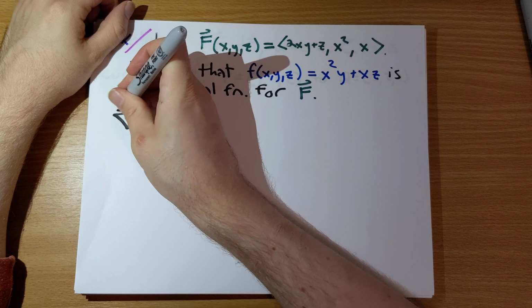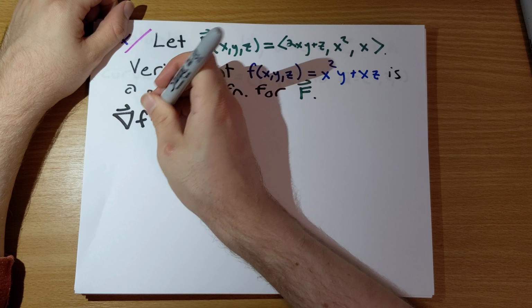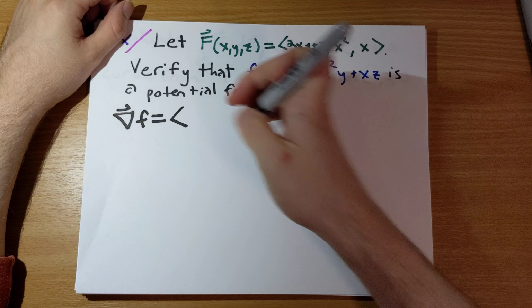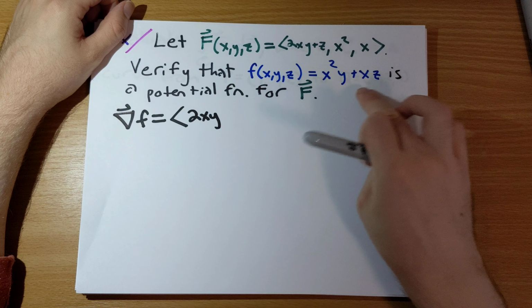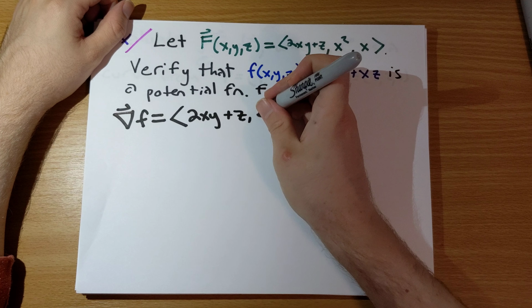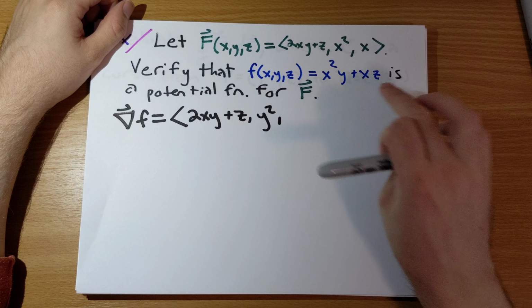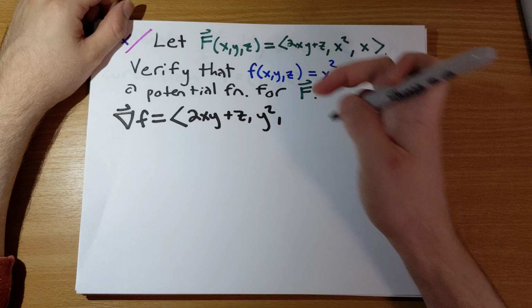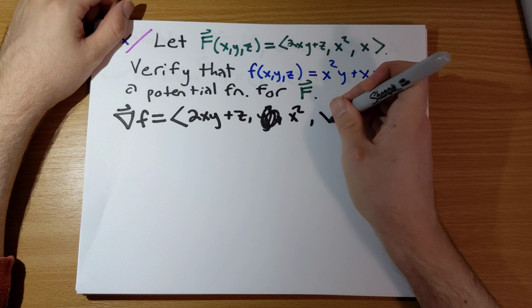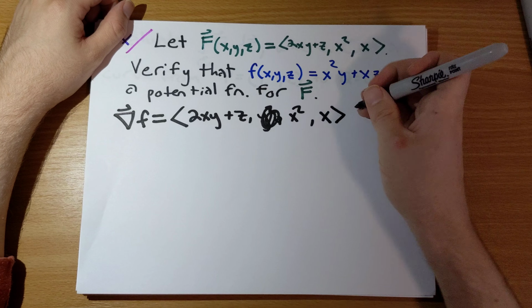The x partial derivative is 2xy plus z. The y partial derivative is x squared. And the z partial derivative is x.